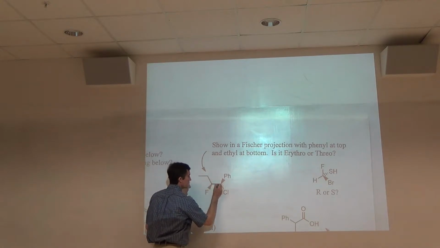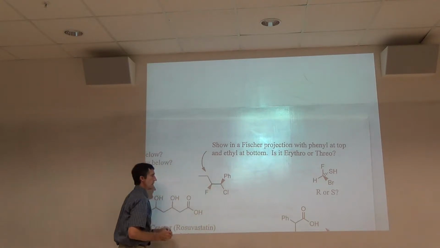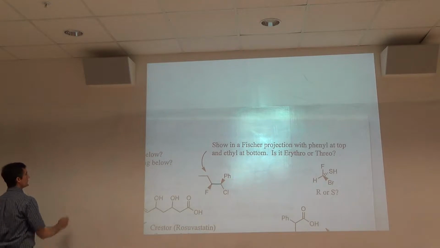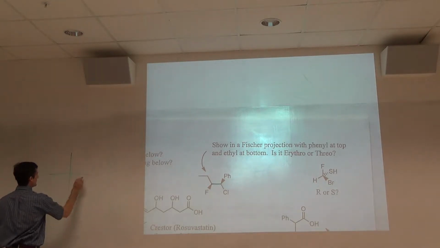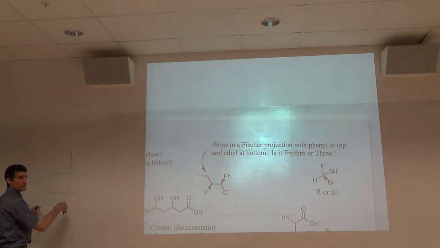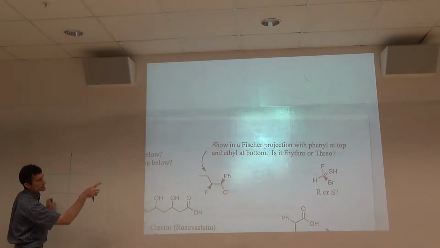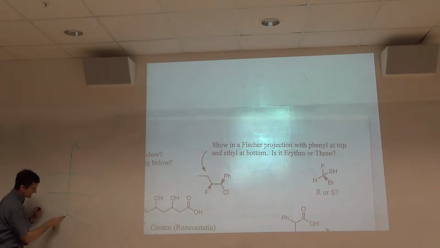Those are your 2 chiral carbons. I've got 2 chiral carbons, so I'm going to do 2 crosshairs. And it says put the phenyl at the top and the ethyl at the bottom. Well, that's not chiral, but that can still be an ethyl coming off of that chiral carbon.